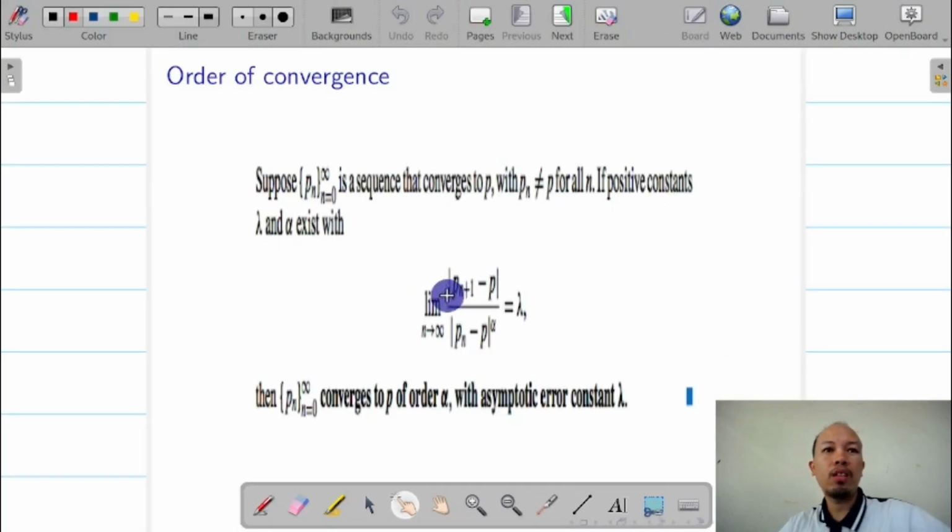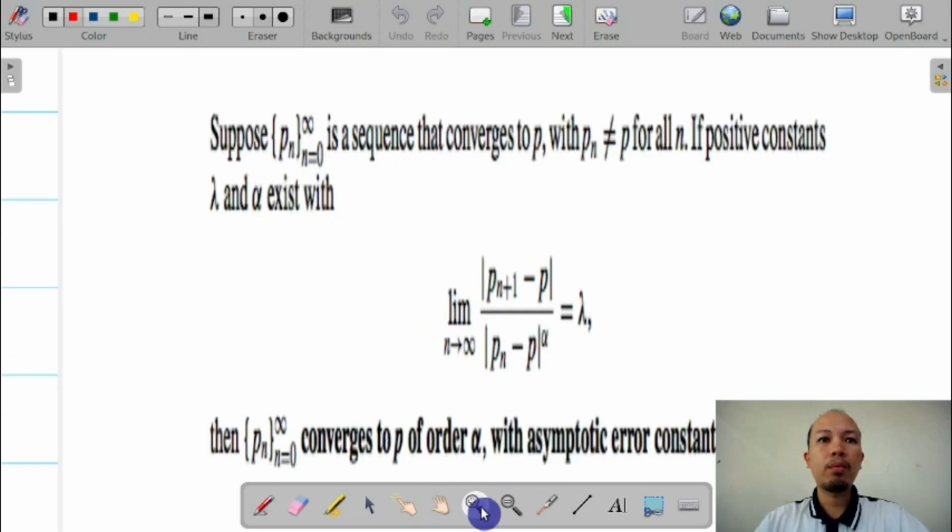Okay, so this is the same as definition 24. Let's make it bigger. So it says here you are given a sequence p sub n that converges to p, which is the same as in the assumption of definition 24, with of course p sub n not equal to p for all n.